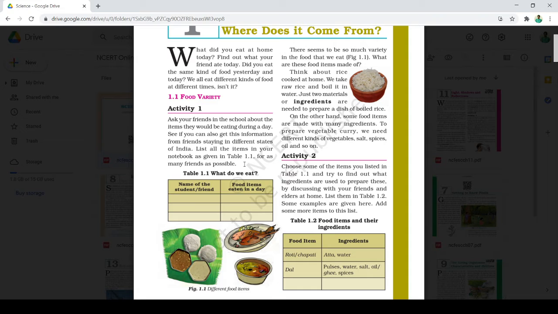The first column heading should be name of your friend or the student, and the second, food items eaten in a day, means the food they eat in a day. After doing the columns, draw some rows and enter the data you have collected.